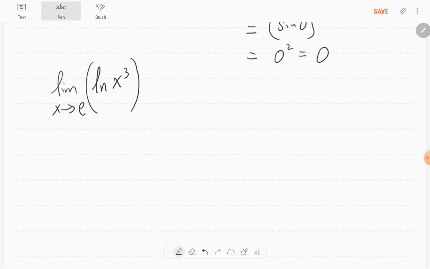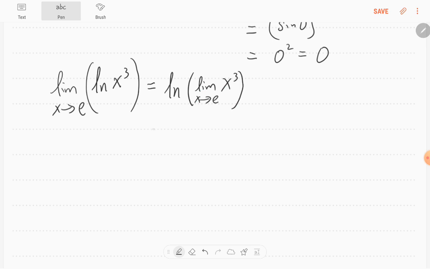This is the composite function, composed with natural log and x cubed. So we can take the limit for the inside and put it inside the natural log. Natural log is called the outside function. So this is the natural log of the limit as x approaches e of x cubed.